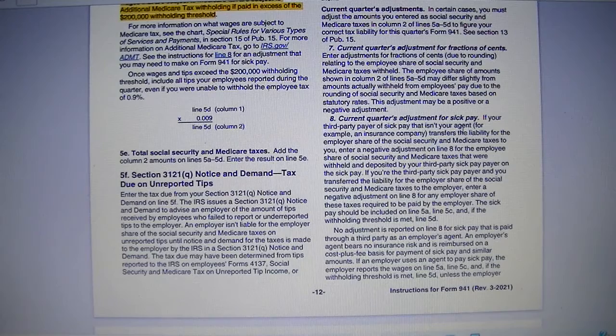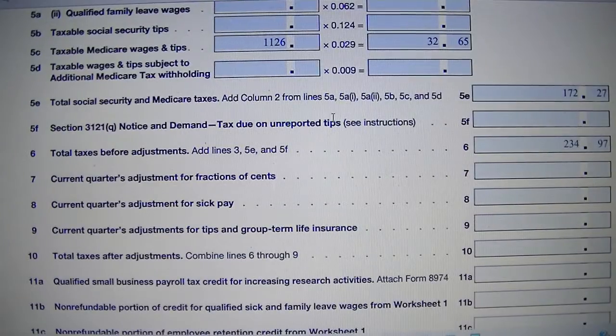So current quarter's adjustment of sick pay: if you're a third-party payer of sick pay that isn't your agent, transfer the liability for the employer share of the Social Security and Medicare tax to you, as a negative adjustment on line 8 for the employee share of Social Security and Medicare tax that was withheld and deposited by your third-party sick pay payer. You can read more on that if it applies to you.